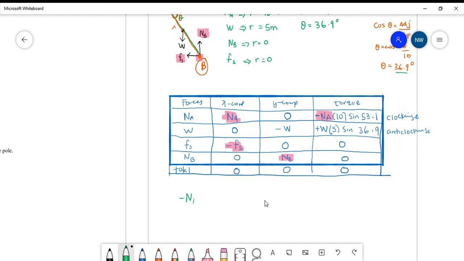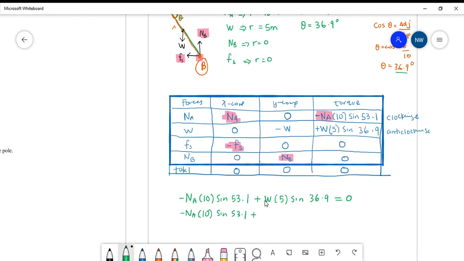Negative NA times 10 sin 53.1 plus W times 5 sin 36.9 equals to 0. The total should be equals to 0. So this one kita boleh selesaikan NA times 10 sin 53.1.